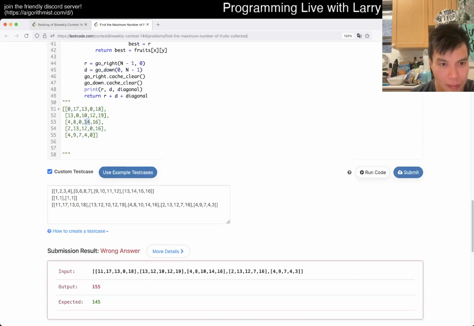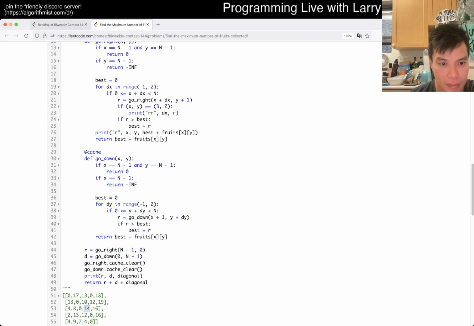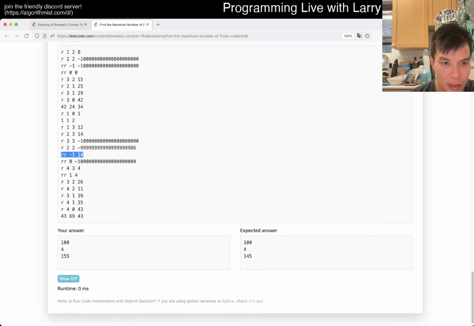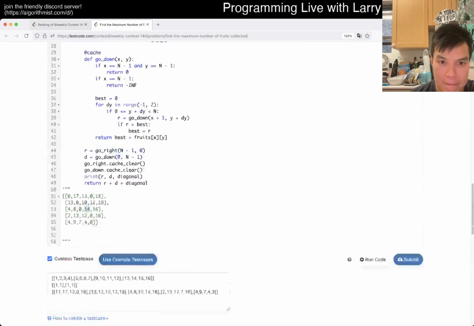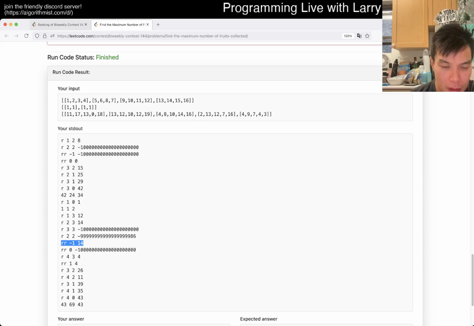Huh. Because basically it tries to do this, which is fine, and then it goes to... Why am I being so dumb on this? I don't get it.